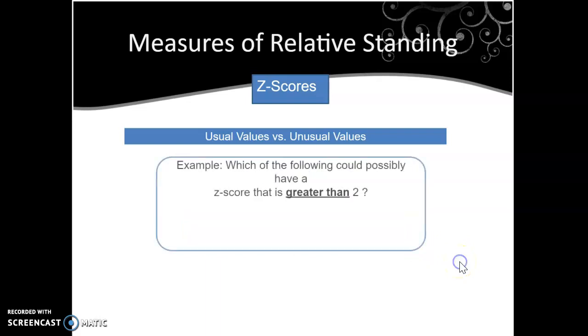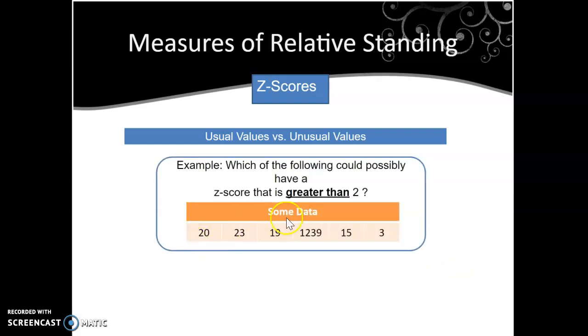And on the other hand, if we have the data 20, 23, 19, 1,239, 15, and 3, then the value that probably has a z-score greater than 2 is the 1,239. It is much, much bigger than all the other data given. So z-scores are really helpful in determining usual and unusual.